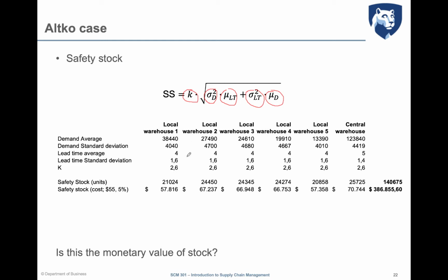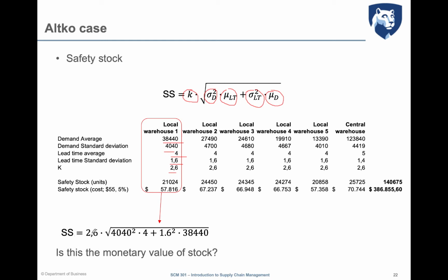So for each distribution center point, you need to calculate the value of the safety stock, which is easy because you have this value for each. For example, for the local warehouse 1, you have the demand average, the demand standard deviation, the lead time average, the lead time standard deviation, and the value of k.